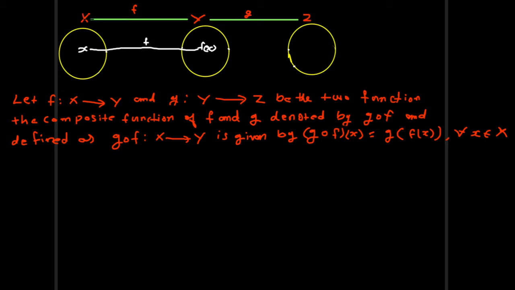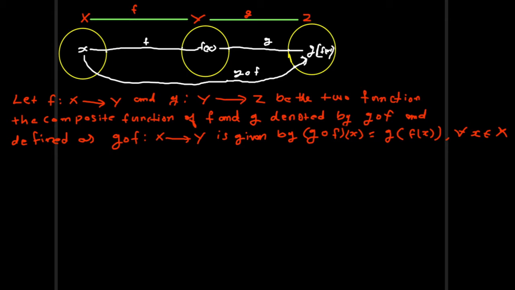So f is defined from X to Y and g is defined from Y to Z. So this becomes g of f of x, and g is mapping from Y to Z. Therefore, the composite function g of f is g(f(x)) from X to Z. This is g of f. Clear? This is the definition.